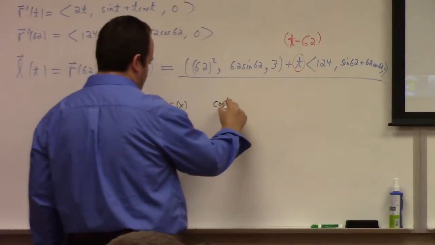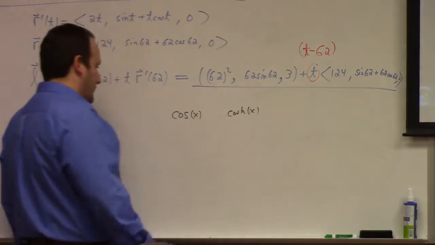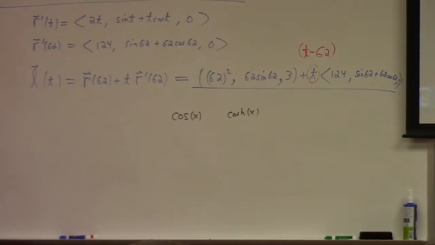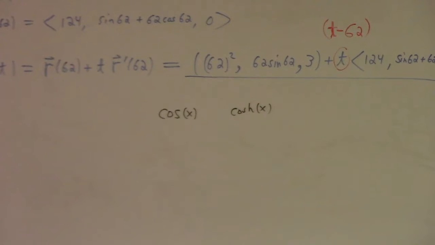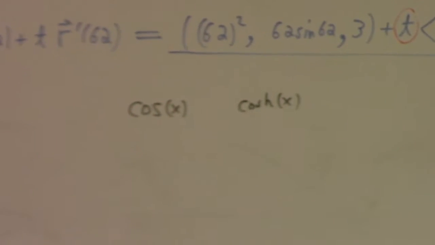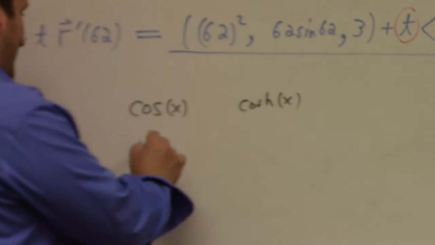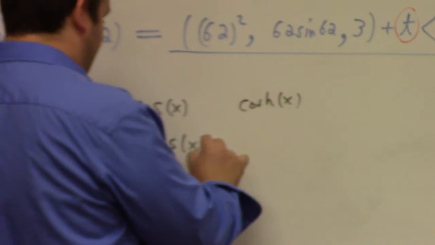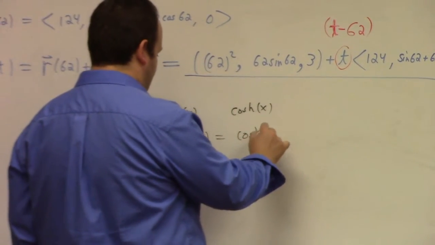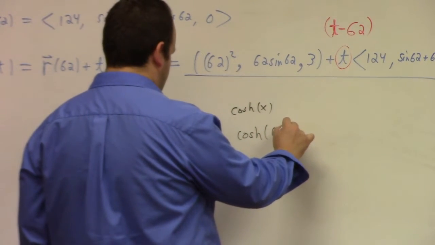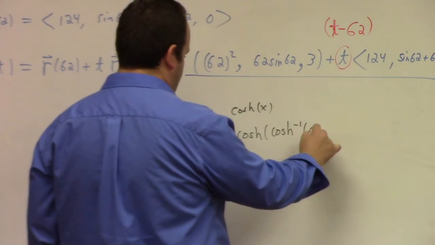How does cosine x and cosh x relate? What equation relates these two? On an appropriate domain, you can do silly things like cosine of x is equal to cosh of cosh inverse of cosine of x.